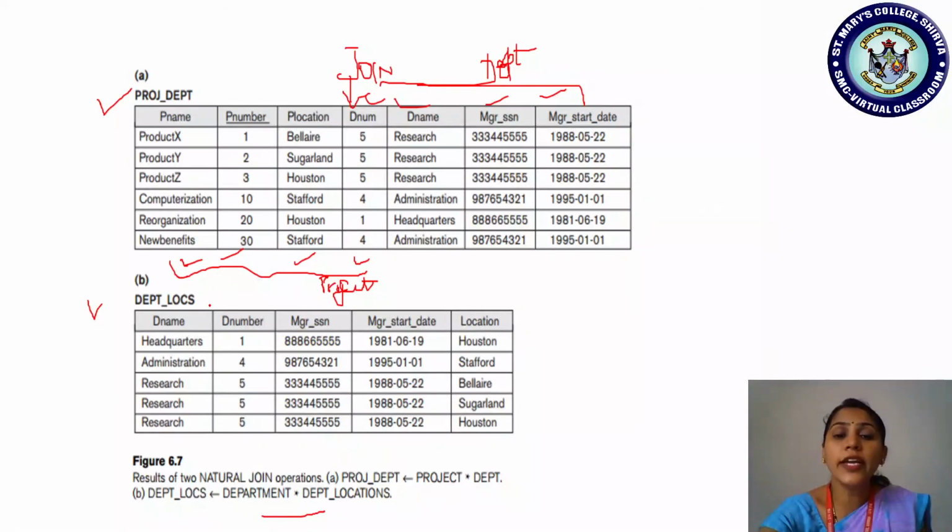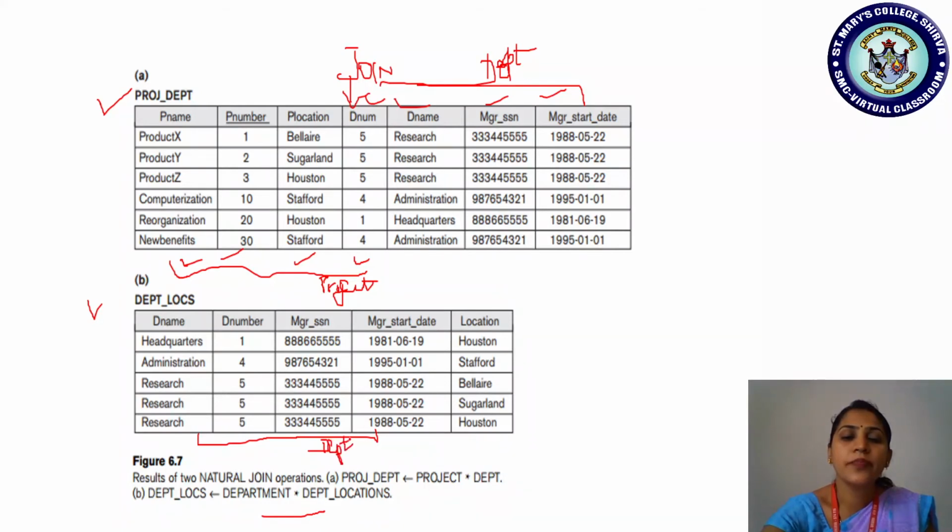Then department location. So there was information given by the user that the department can be located in multiple locations. So just check out here department number, department name, manager SSN, manager start date. So from here to here, it is the attributes or the information from which relation?